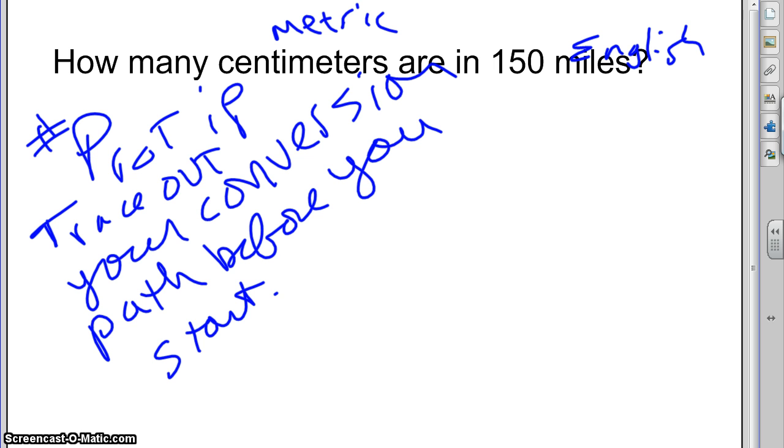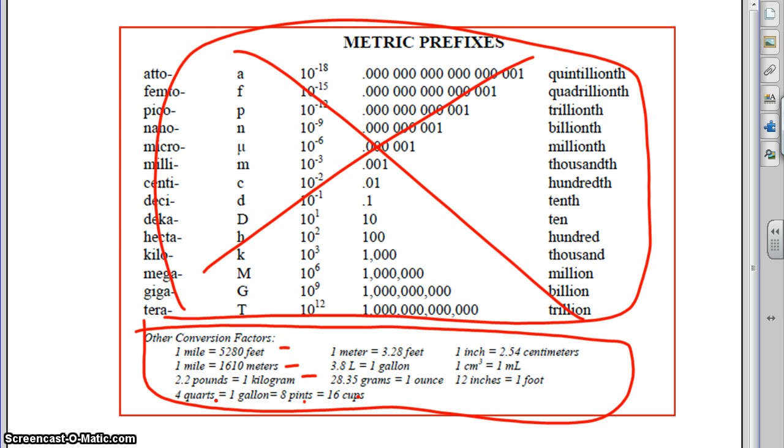So I know that I need to get from, I'm starting with miles, don't I? Miles to centimeters. That's what I want to do. So the simplest thing would be to go back to our little chart and ask, how many centimeters are in a mile? We look and we see, well, here's miles to meters, here's inches to centimeters.